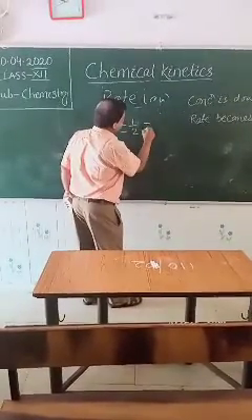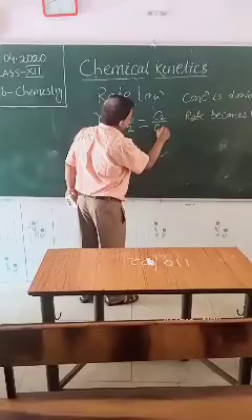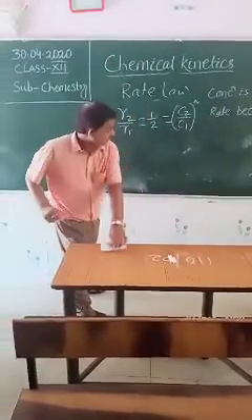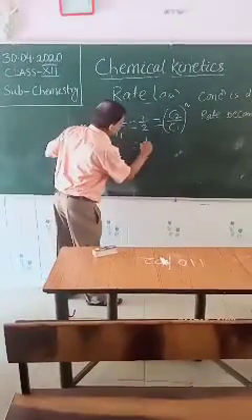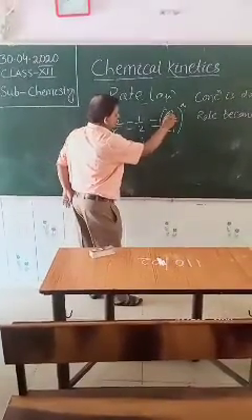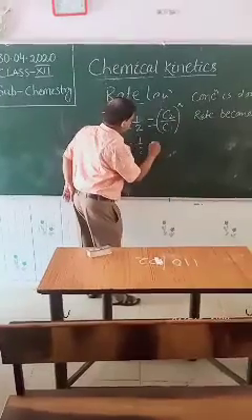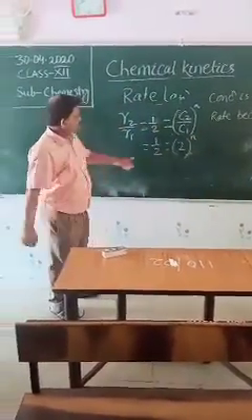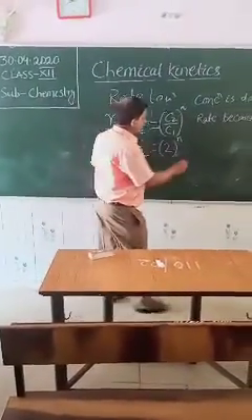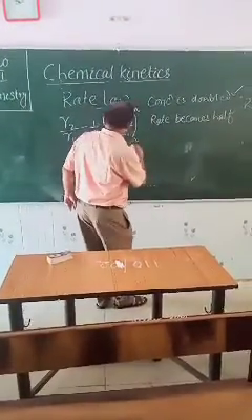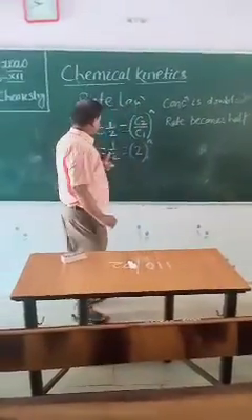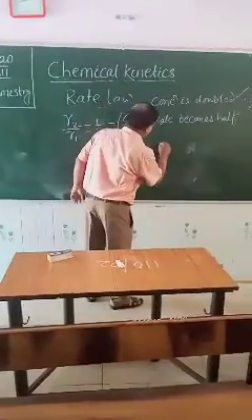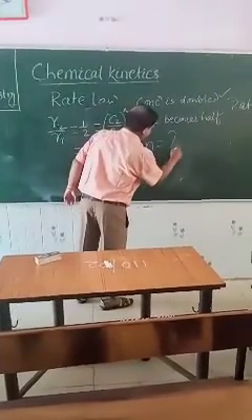R2 by R1 equals C2 by C1 to the power n. Concentration is doubled, so half equals 2 to the power n. By taking the log of both sides, we can find out the value of n.